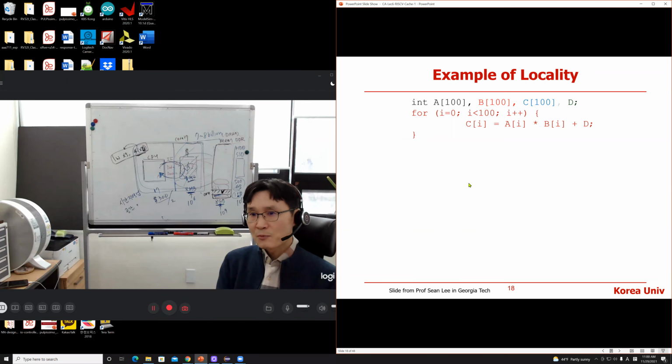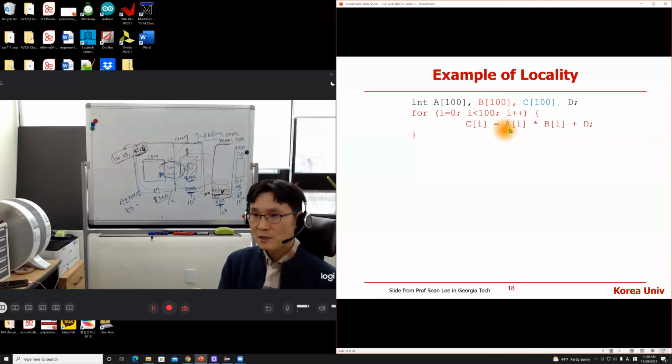Assuming that you wrote this program, you created three arrays, each one has 100 elements: A, B, C arrays, and local variable D. And you are repeating this statement 100 times.